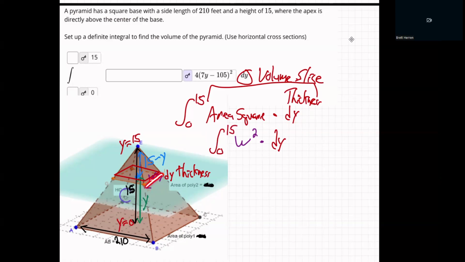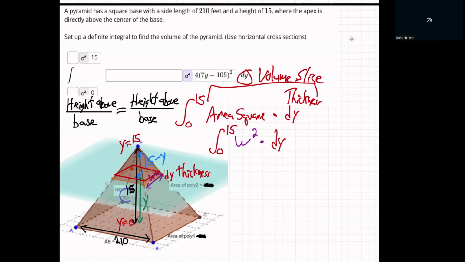Now, what is the width? That's the real trick. How do we find the width? This is a square, so it's W squared. How do you find that width? Well, you do a similar comparison. The height above to the base is the height above to the base.